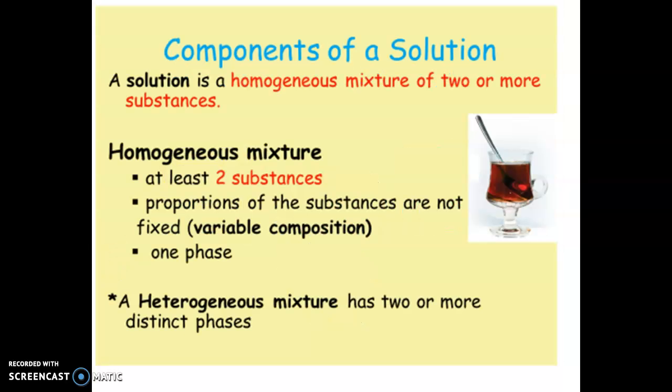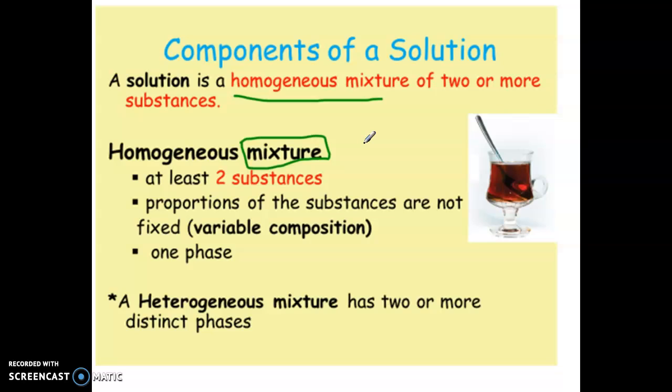Okay, so first of all, a solution is a homogeneous mixture of two or more substances. When we say homogeneous mixture, first of all, a mixture means you have at least two different particles there, so two different substances. A very simple one could be salt and water, right?